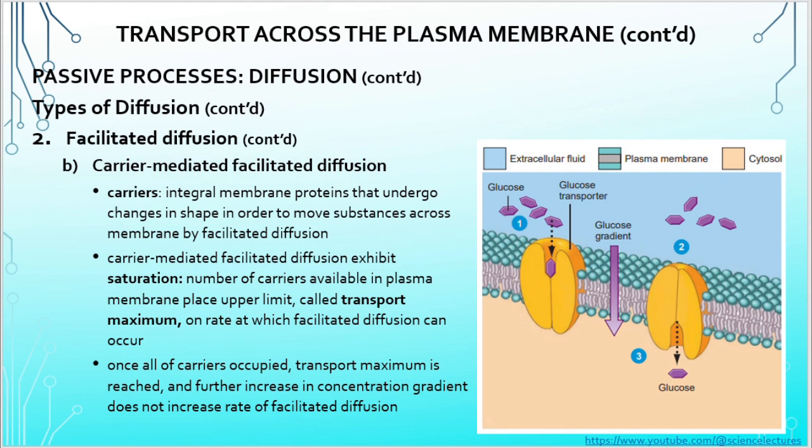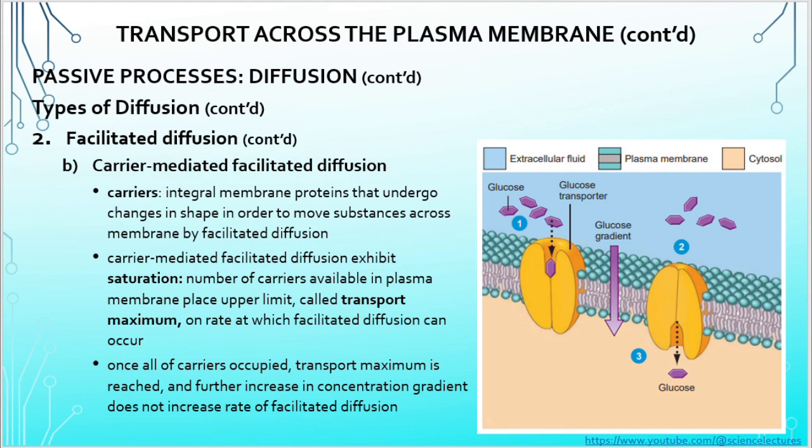The solute binds more often to the carrier on the side of the membrane with a higher concentration of solute. Once the concentration is the same on both sides of the membrane, solute molecules bind to the carrier on the cytosolic side and move out to the extracellular fluid as rapidly as they bind to the carrier on the extracellular side and move into the cell.